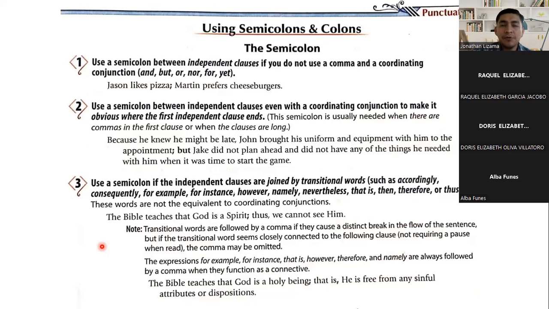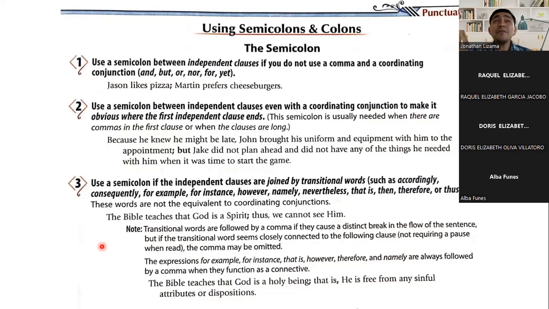I like to listen to music; my best friend likes watching movies, whatever. Dos oraciones simples, omito la coordinating conjunction, punto y coma, y sigo.